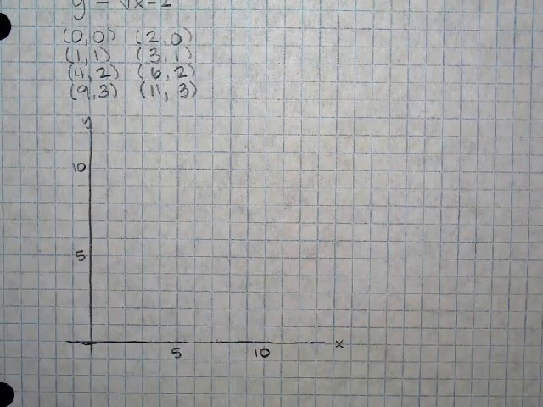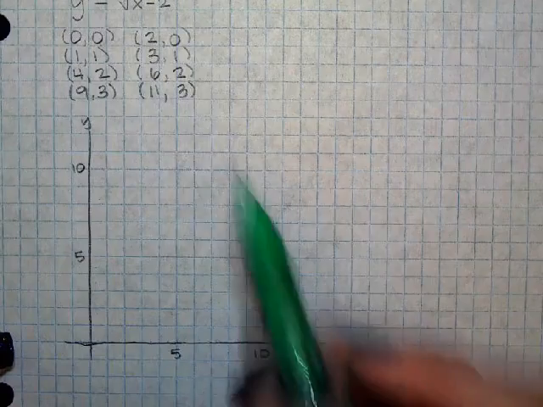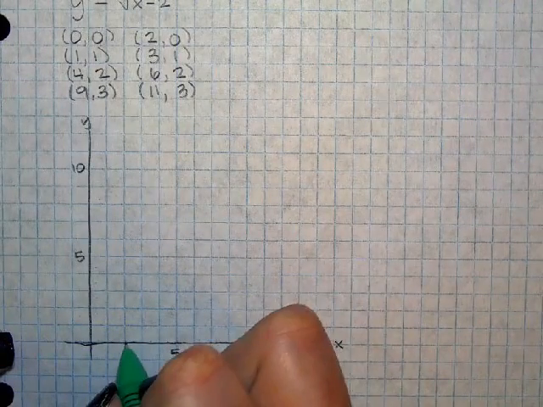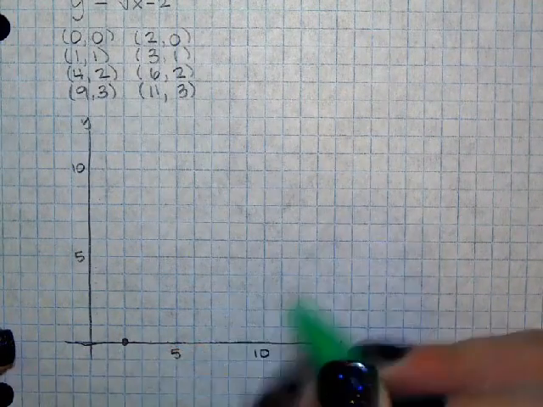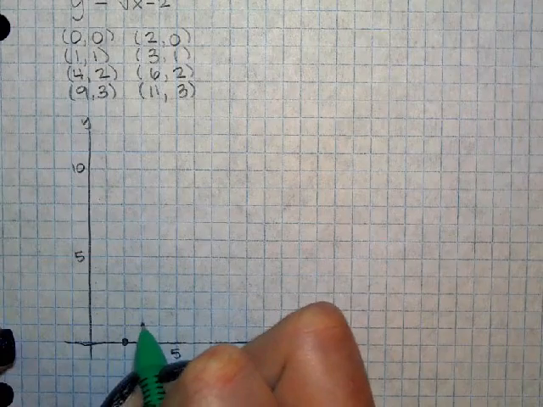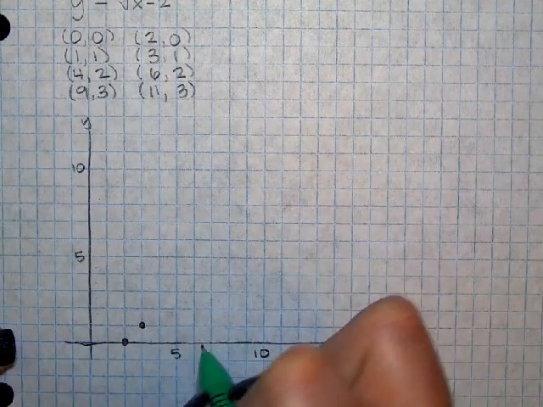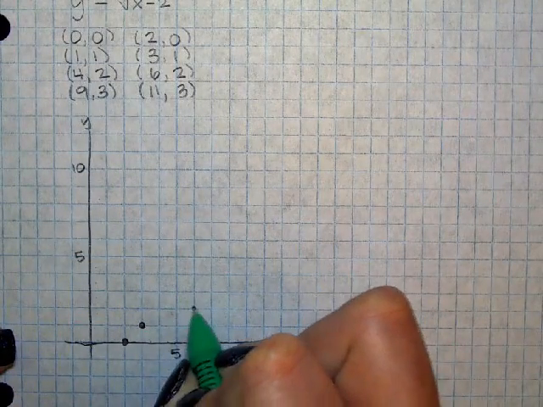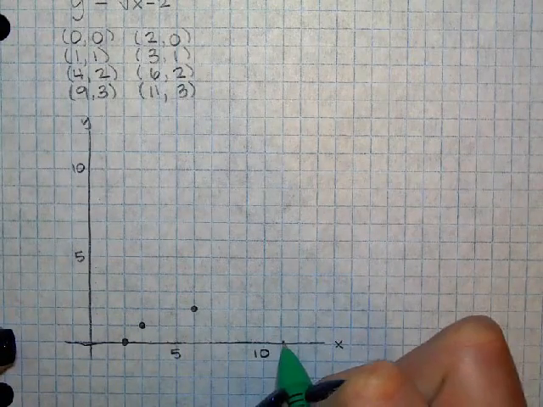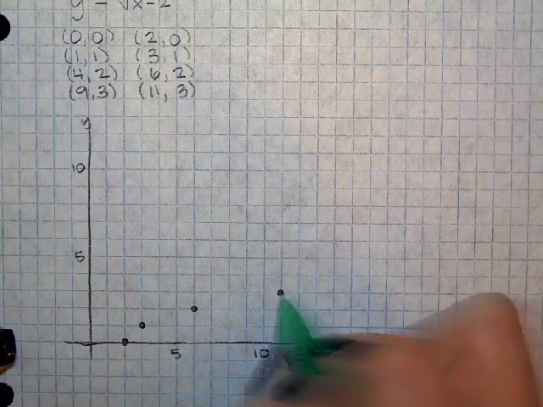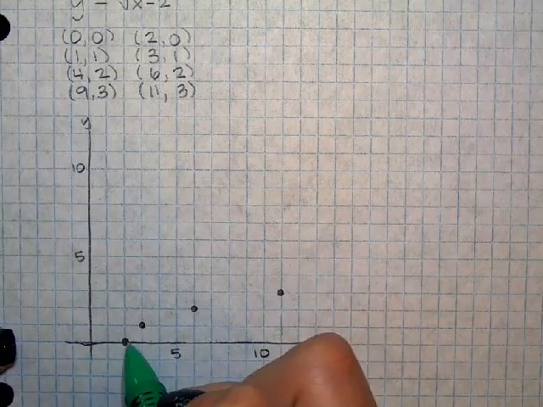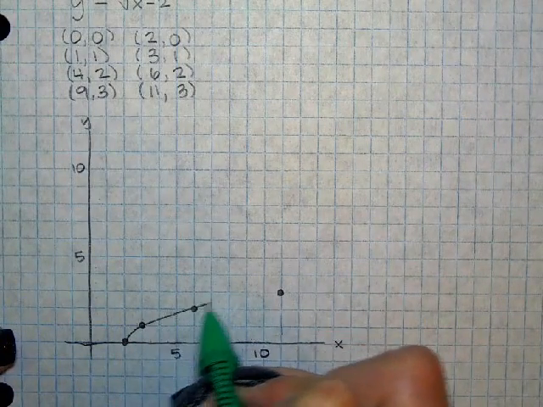Okay, so let's go ahead and plot the points. So we've got 2, 0, and 3, 1, and 6, 2, and then 11, 3. So there is our graph.